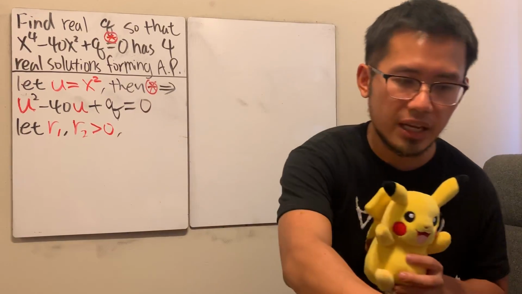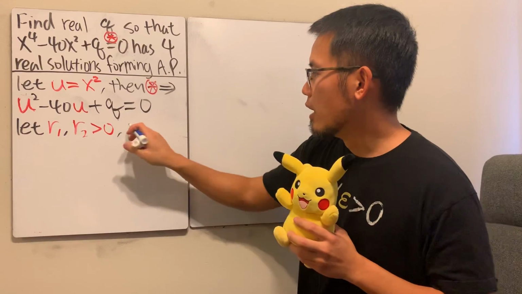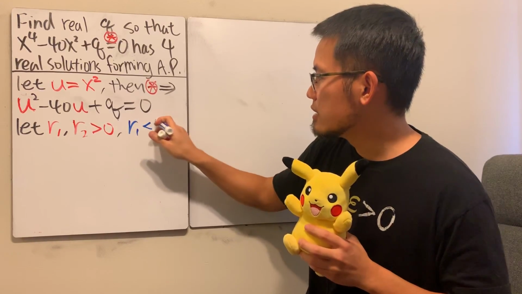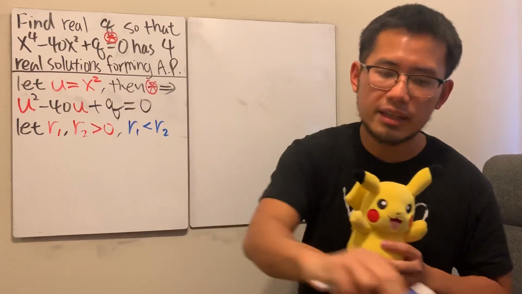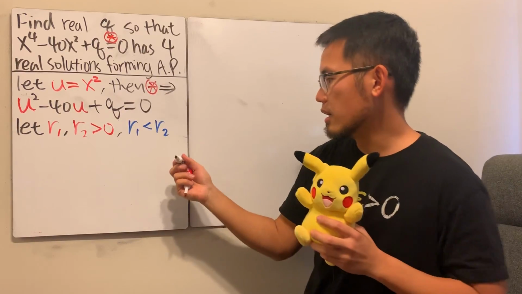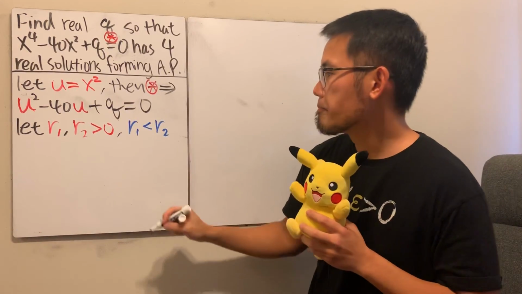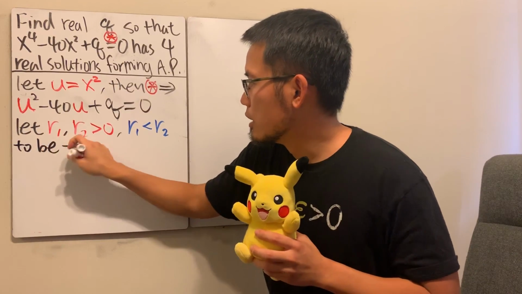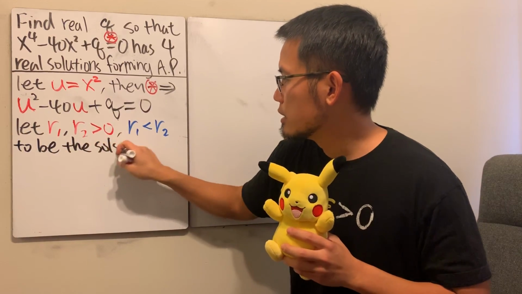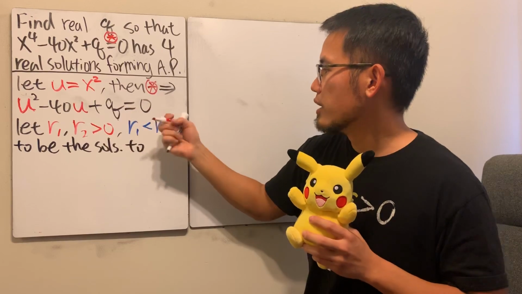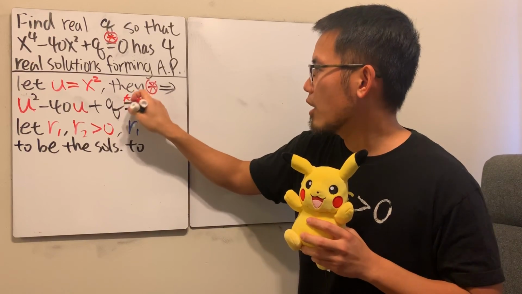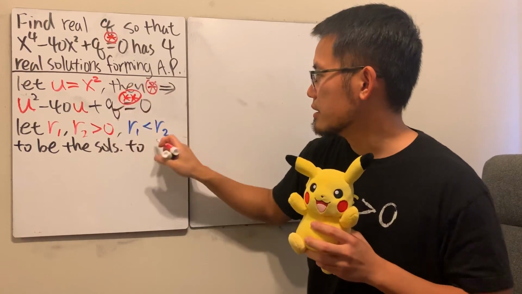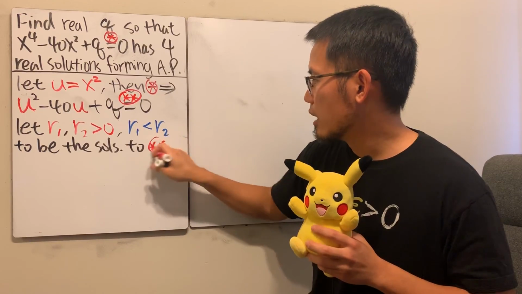So assume R1 is less than R2, and again, they cannot be equal. Those are the conditions that we are setting up. So R1 and R2 are the solutions to this equation, which I will call star star.